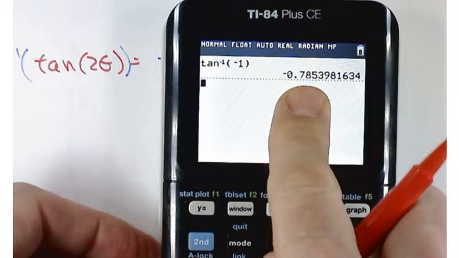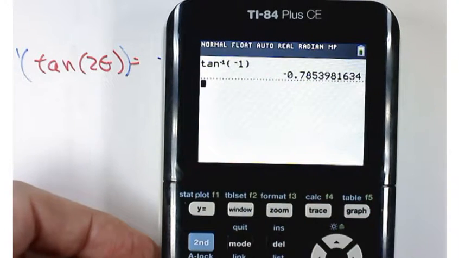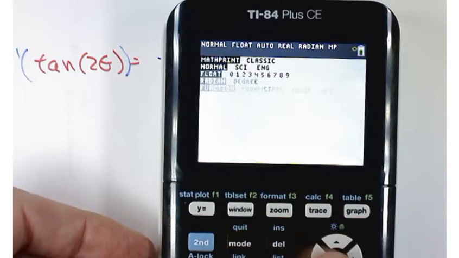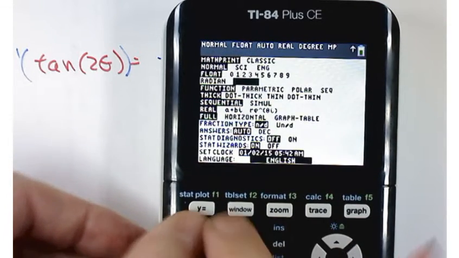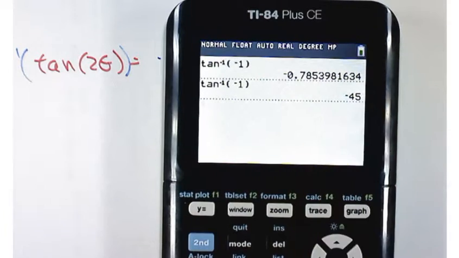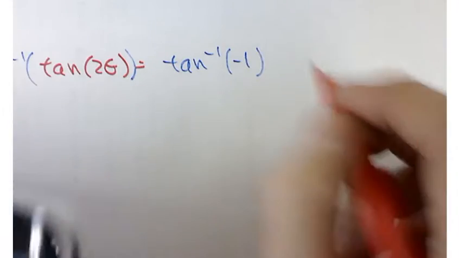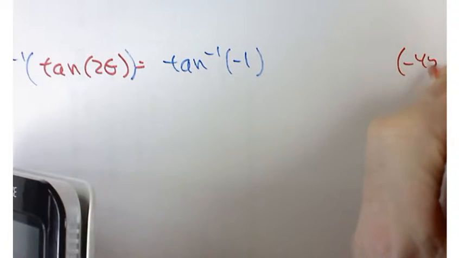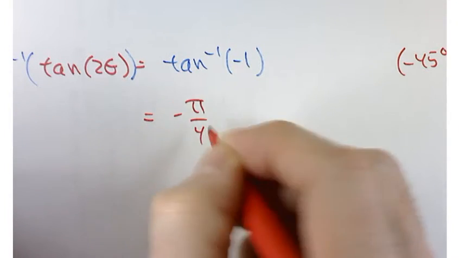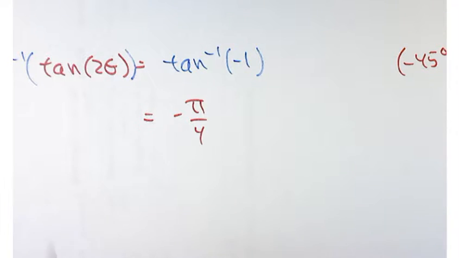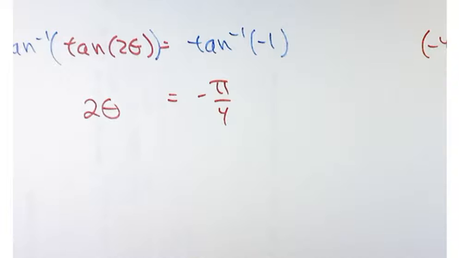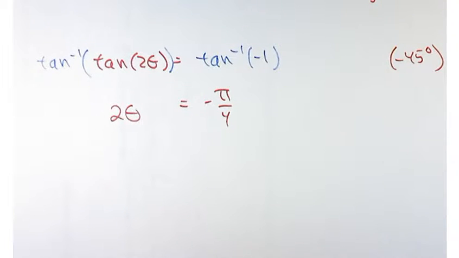So if you recognize that as being -pi/4, good on you. But if you don't, then put your calculator in degrees and try it there. Now you get something that's a little bit more recognizable. So -45 degrees is really -pi/4. And that's equal to 2 theta.